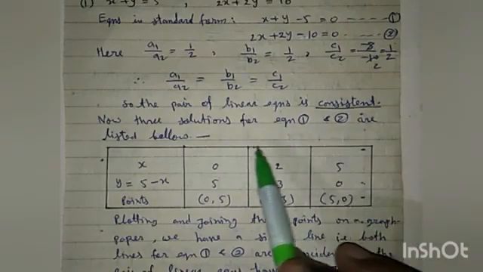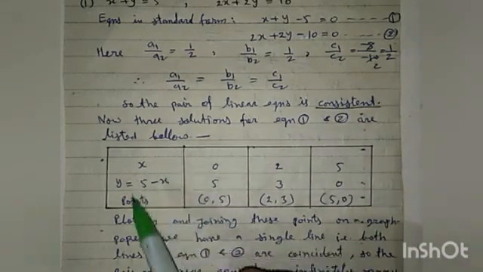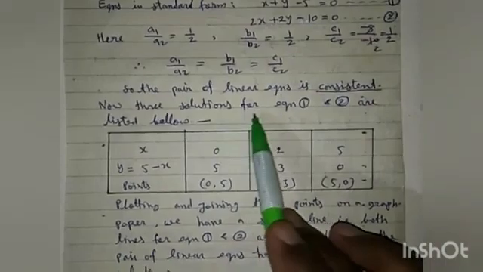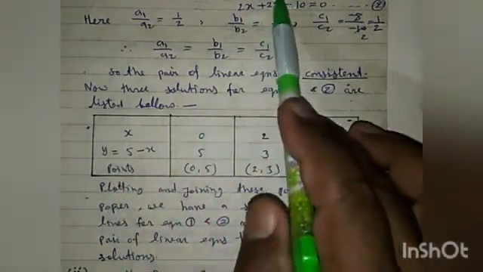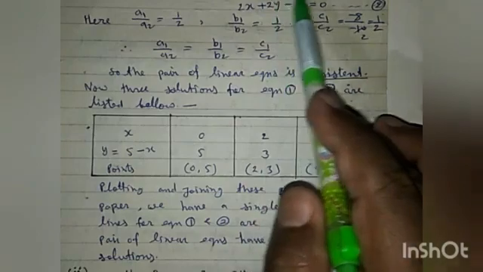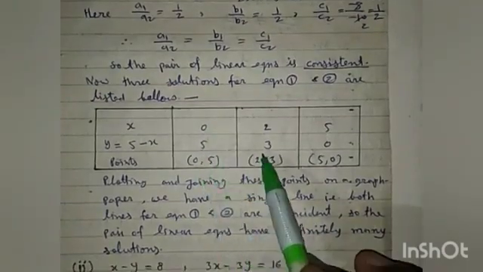Now it is consistent, so we have to find the solution of it. Now the three solutions for equation 1 and 2 are listed below. Here x equal to 0, 2 and 5, and for equation number 1, y is equal to 5 minus x. So here we find the value of y equal to 5, 3 and 0.